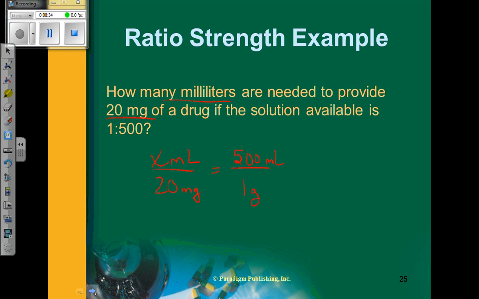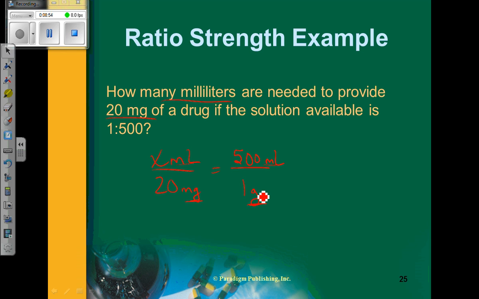Okay, so if you try to solve that out, you want to convert. First, you have the milliliters the same on top and you have your weights the same on the bottom. Oh, they're not the same on the bottom. You have milligrams over here and grams over here.